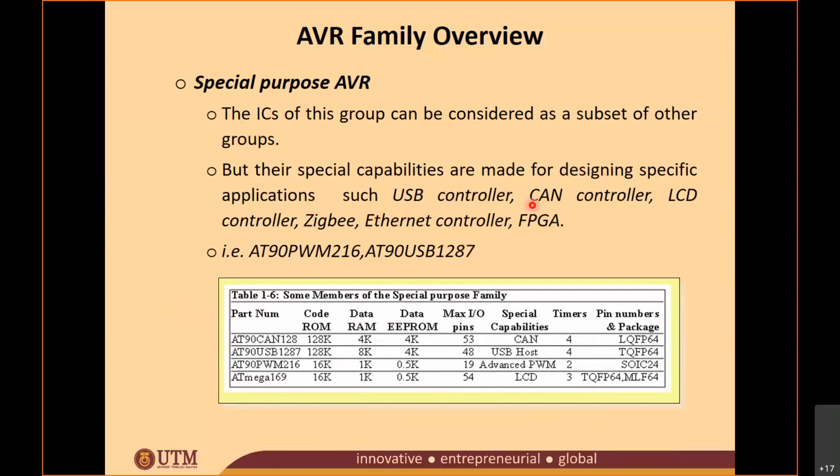If you are going to use a CAN controller or LCD controller, or integrate your system with Bluetooth, Zigbee, Ethernet controller, or FPGA, you can use this special purpose AVR, because it has the special capabilities. Okay, you can see here, these are the special capabilities for each of the models.